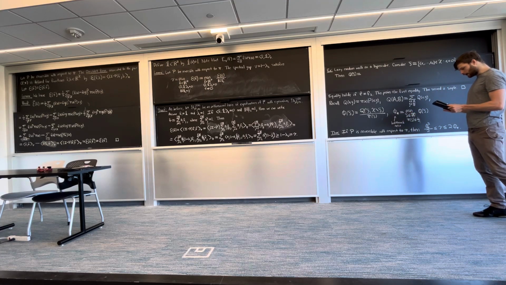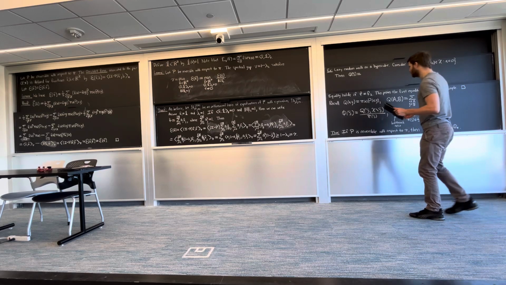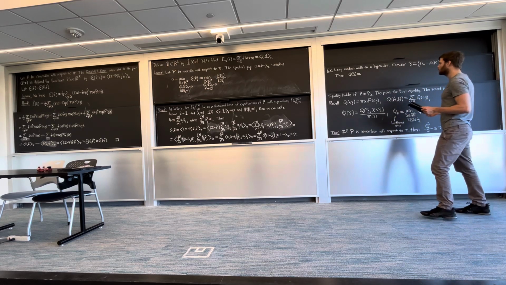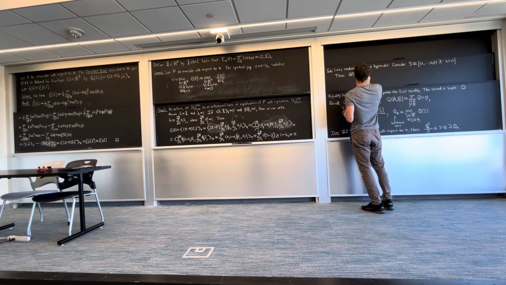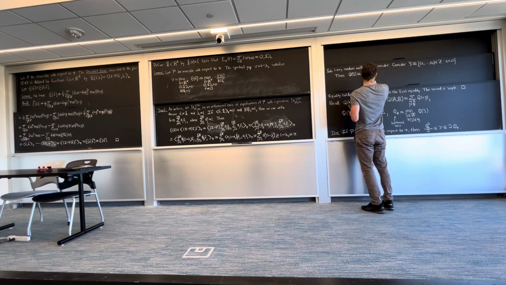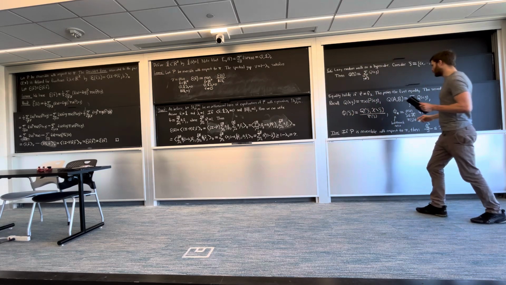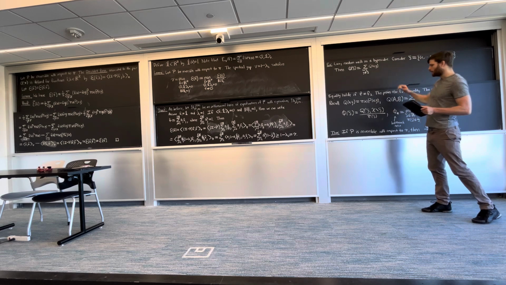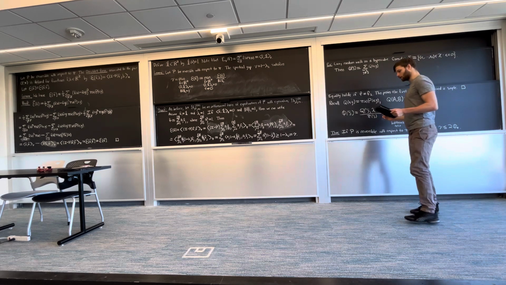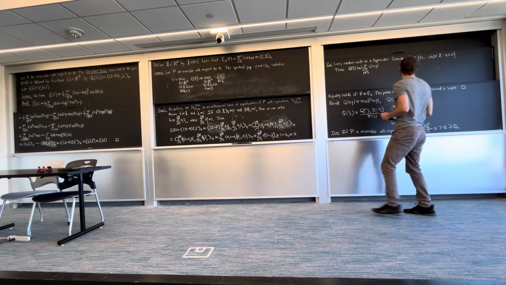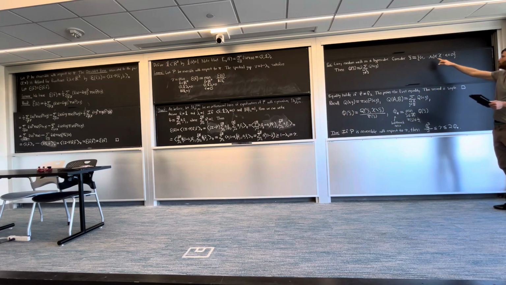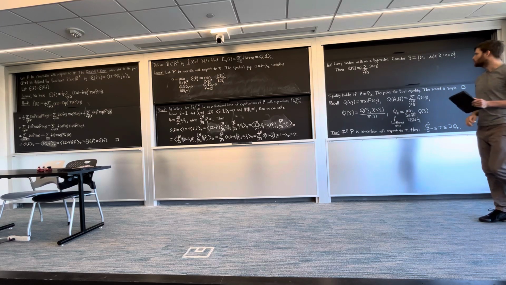So I want to take this sum over x in S and y not in S of Q of x, y, and then I divide by pi of S. Well, pi of S is just a half, so I'll get a factor of 2 here. The stationary distribution is uniform, and half of the states are in this set.